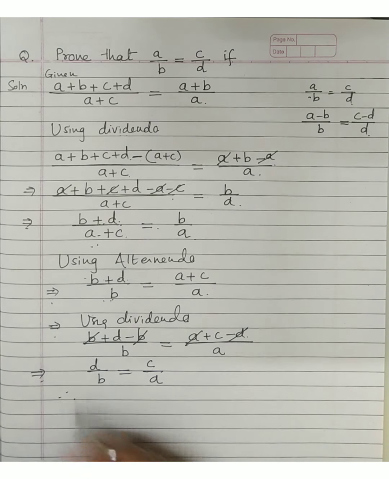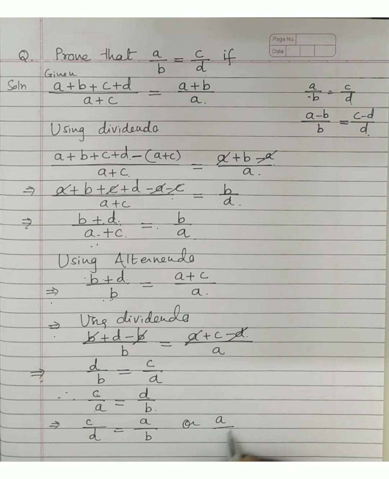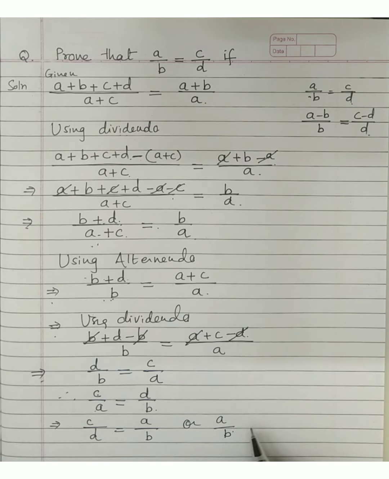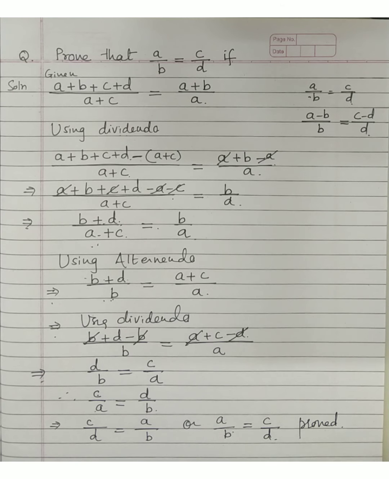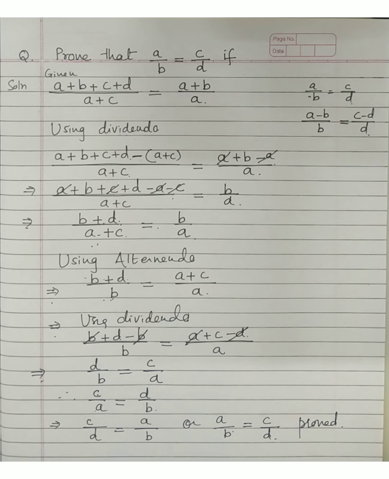C upon D is equal to A upon B. Yes, A upon B is equal to C upon D. That is what we wanted to prove. We have proved it. Got it?